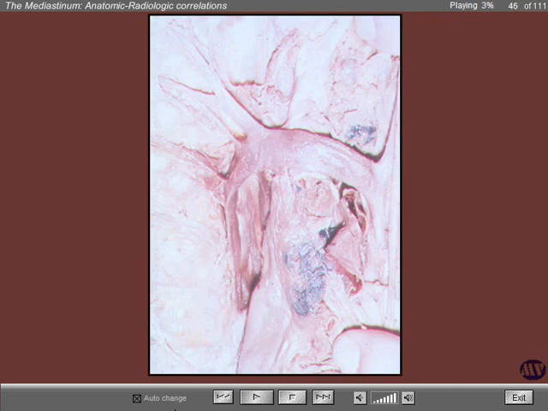This is a photograph of the right hilus, where we can see to the left the spine, and the heart will be to your right. The tubular structure that rides above the right main bronchus represents the azygos arch. Note that between the azygos arch and the superior vena cava, we note bluish material in the azygos node.